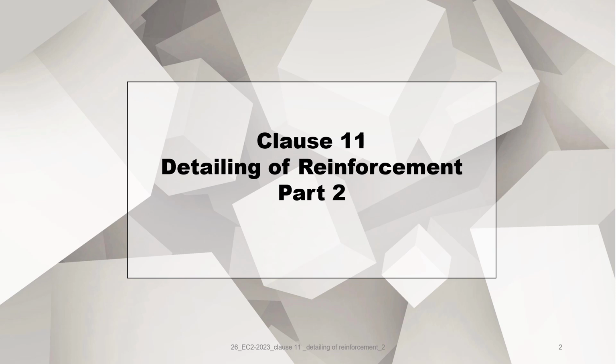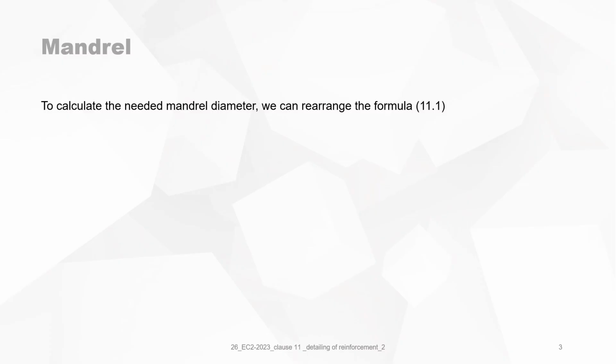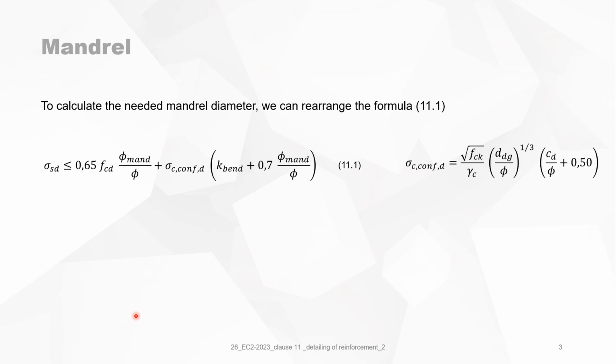This video is about clause 11, detailing of reinforcement, part 2. To calculate the needed mandrel diameter, we can rearrange formula 11.1 as we have seen in the previous video, because this formula is not that easy to use.